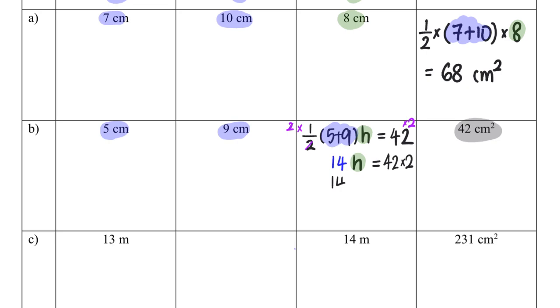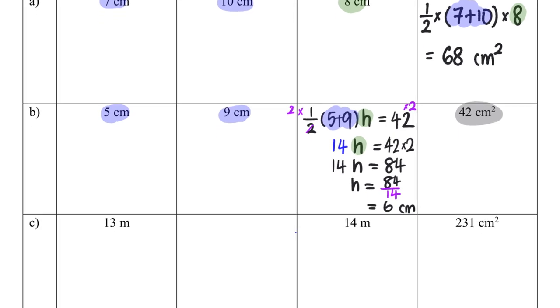So 14H is equal to 84, and I'm going to divide by 14 on both sides, so that my H will be equal to 84 divided by 14 to give me 6. So it will be 6 cm.